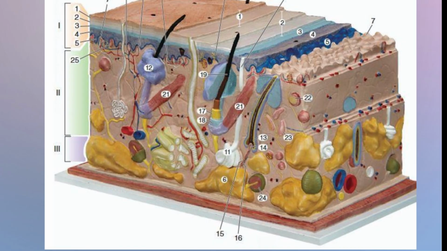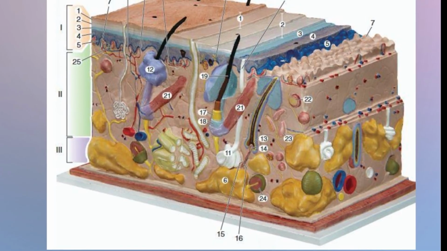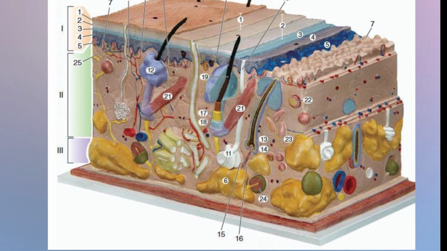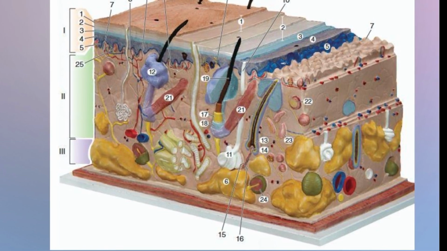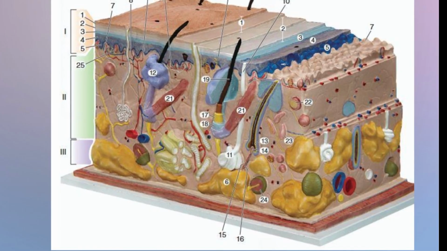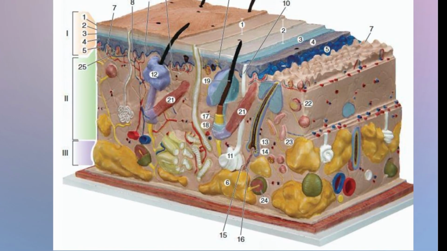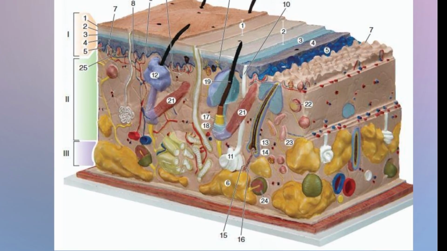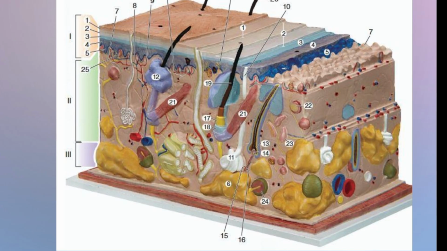So if you touch something hot, remember, you need to be able to know immediately so that it doesn't damage the tissues deeper into your core. So you don't want those deeper layers of skin being damaged. You don't want your muscles to be damaged. So you've got to be able to pull that hand away faster, so it makes sense that there are nerves close to the surface that will detect both pain and temperature.